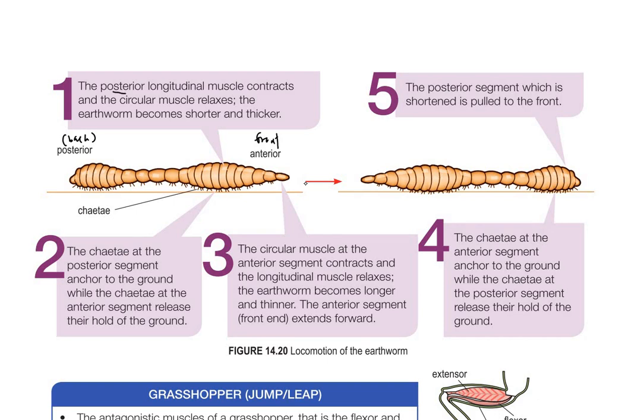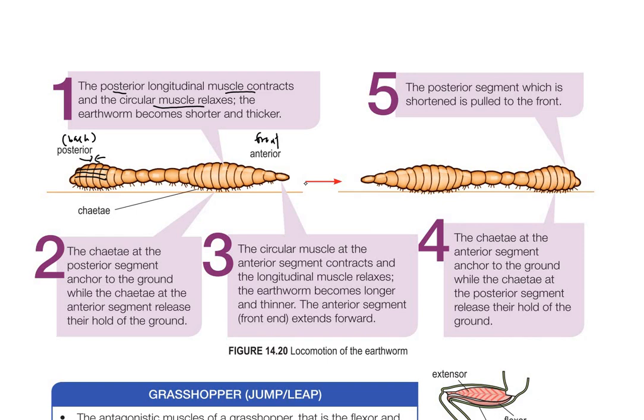The posterior longitudinal muscle contracts and the circular muscle relaxes. So this is the posterior, back. We have a longitudinal muscle here, so it will contract.